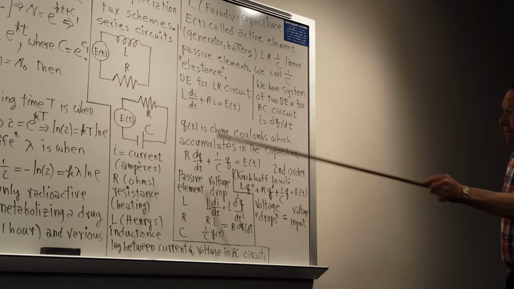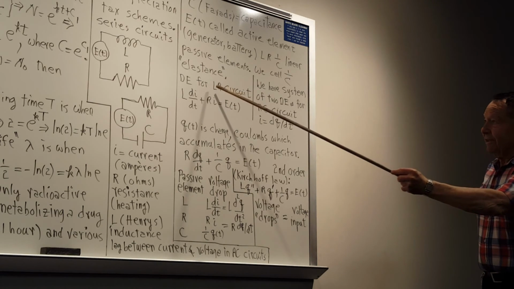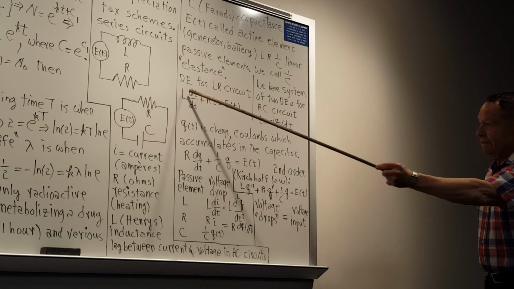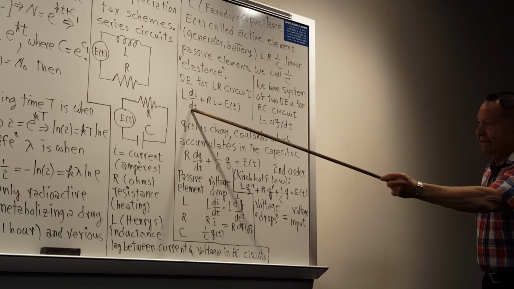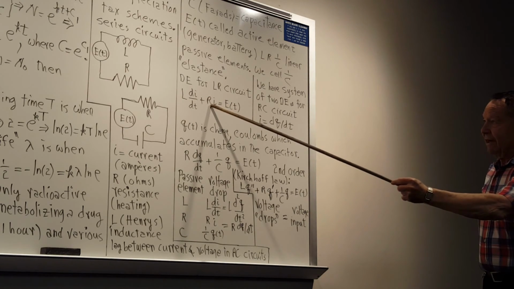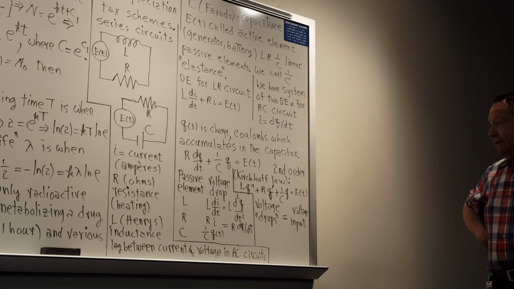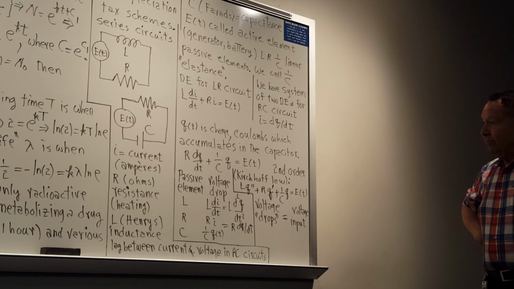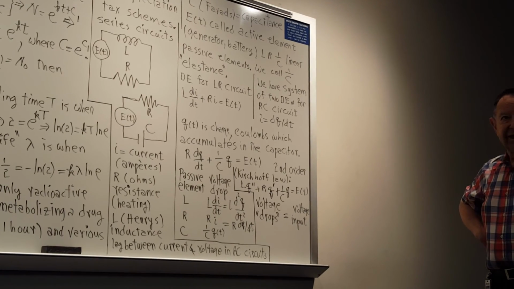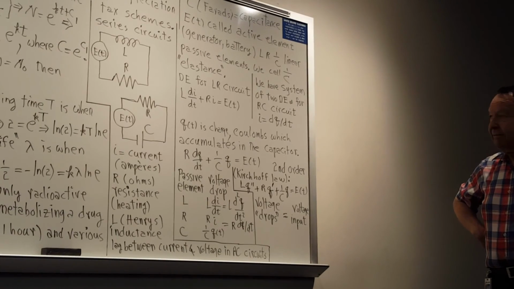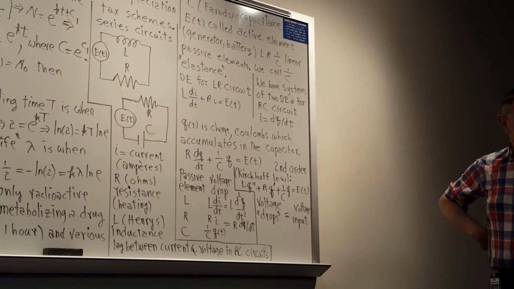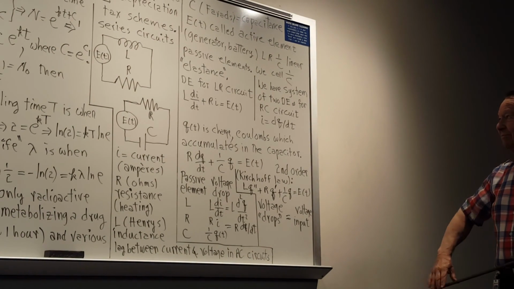So the differential equation for an LR circuit is L di/dt plus Ri equals the output of the active element, which would be volts, say. Volta was an Italian physicist, by the way.